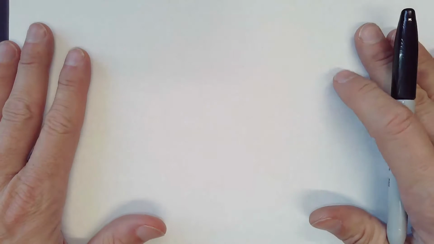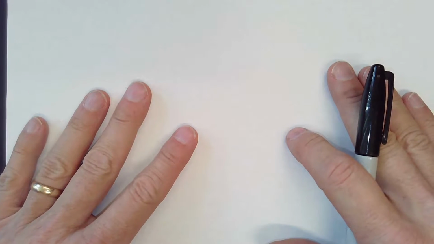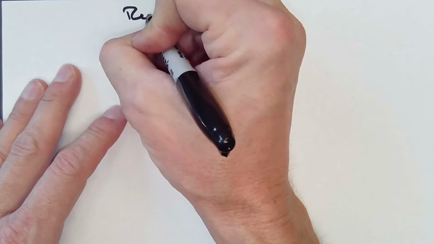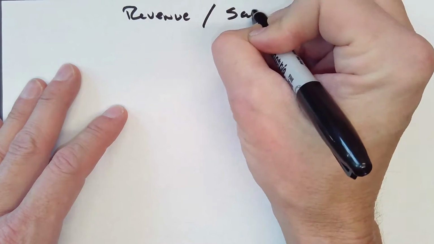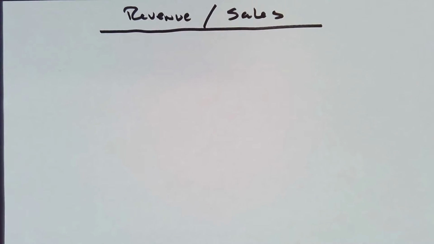So whenever we're looking at financial statements, one of the big numbers that you see in most financial statements is on the income statement. And that's revenue or sales, however you want to call it, revenue or sales. Those are interchangeable terms.